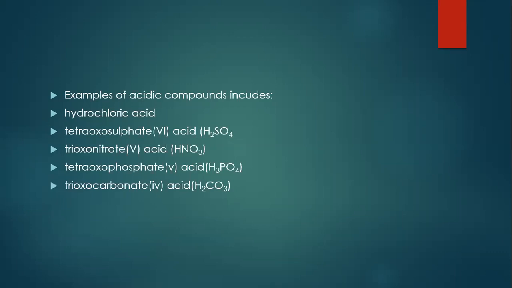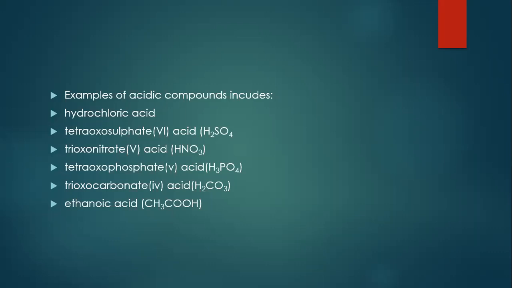Then you have trioxocarbonate 4 acid, H2CO3. They are all kinds of acid. Then we have ethanoic acid, CH3COOH.